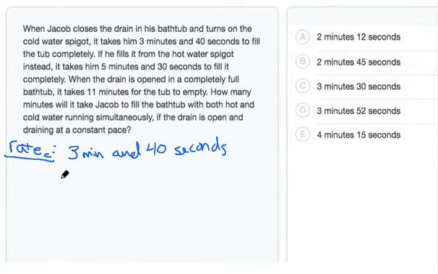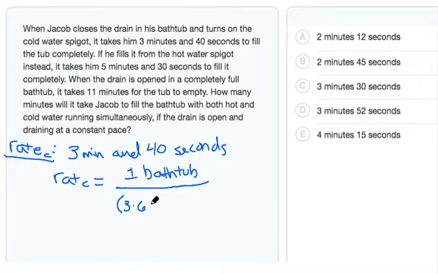So let's set up a rate. Remember, we're looking for the rate sub C, which would be in terms of bathtubs per second. So we can fill 1 bathtub per 3 minutes and 40 seconds, but we're going to convert that completely to seconds. So 3 times 60 for 60 seconds per minute, plus 40 seconds left over, and this would be the total amount of seconds that we have.